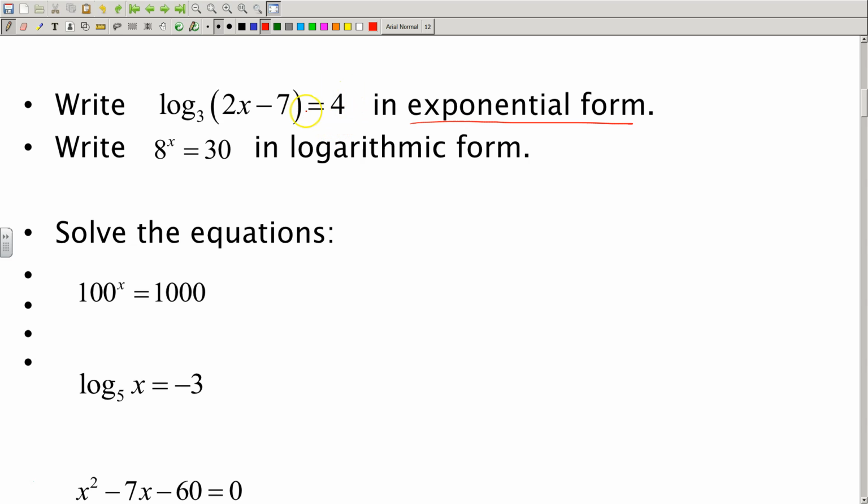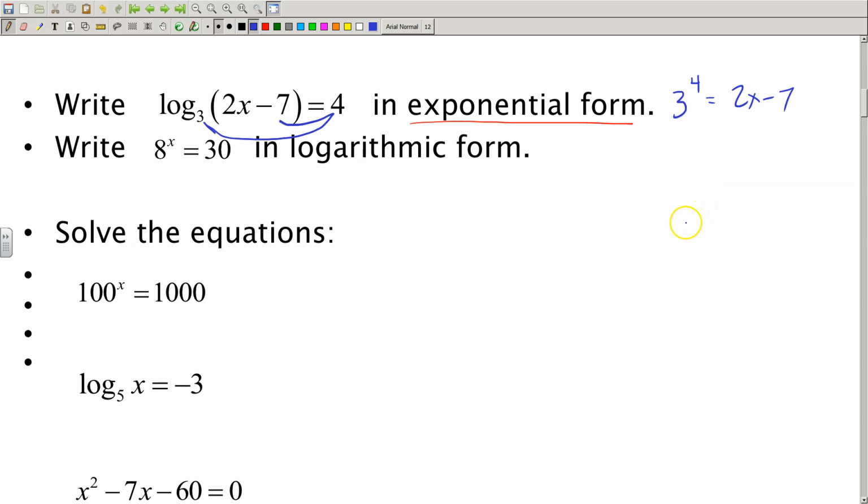So the way to rewrite this in exponential form, one of the tricks that I talked about before was to use the shark fin method, which is to say 3, this base, raised to the 4th is equal to that. So we can simply rewrite this equation as 3 raised to the 4th would have to equal 2x minus 7.